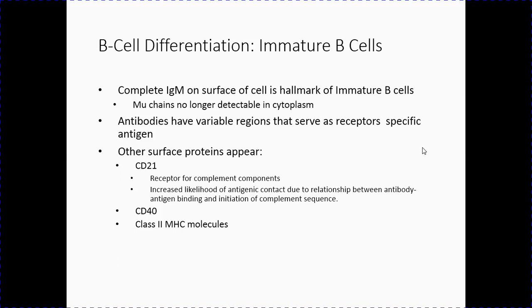We'll talk about complement in chapter 7, so we're not going to spend a lot of time on it now, but CD21 is a protein that develops on the surface of immature B cells, and it increases the likelihood that the complement sequence causing death of the pathogen is going to take place. So that's a helpful early protein marker of cells. CD40 similarly will be an early marker, and of course we need to start to develop our class 2 MHC molecules on B cells.